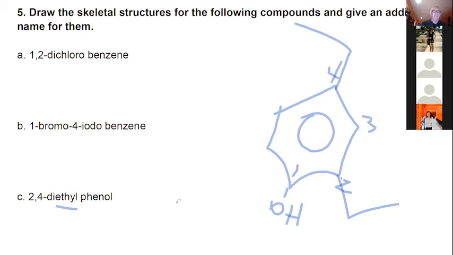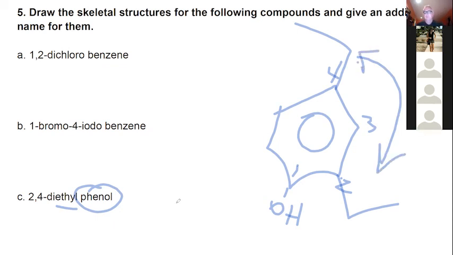I'd still call it diethyl phenol, but what's the other name I could give it? What's the relationship between these 2 ethyl groups? Meta substituents. Meta, exactly. So that would just be meta-diethylphenol.